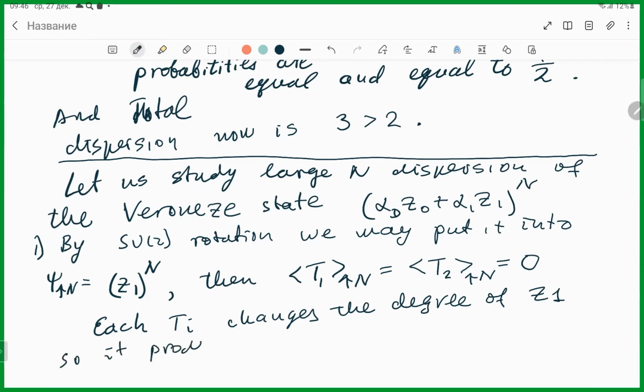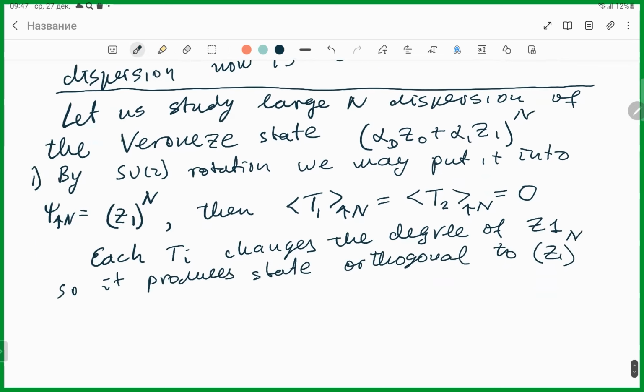So it produces a state orthogonal to z1 to the power n. However, of course, it equals n.